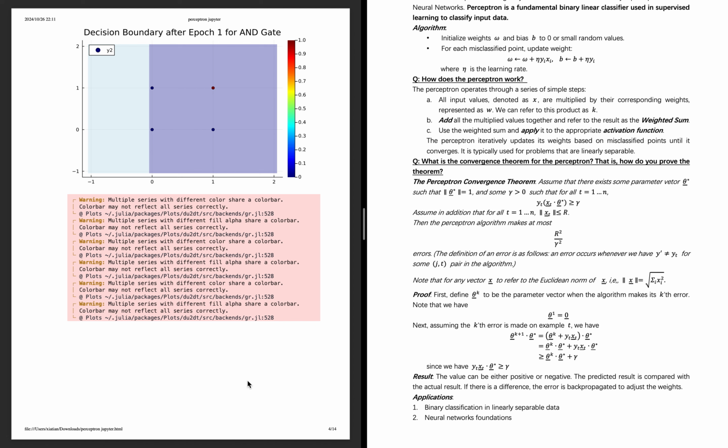As you can see from the visualizations, the decision boundary gradually moves to separate the classes correctly. By the end of training, the perceptron successfully learns the decision boundary that classifies the points correctly for the AND gate. The progressive plots give a clear picture of how the decision boundary gets refined step by step.